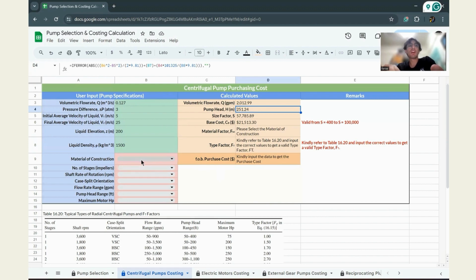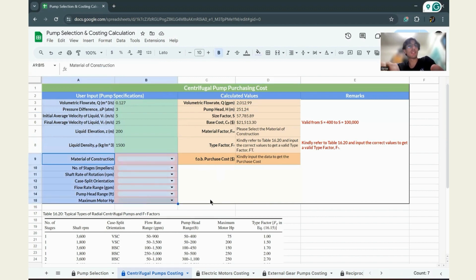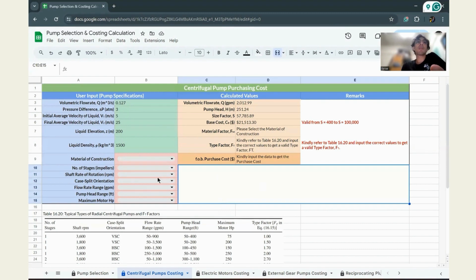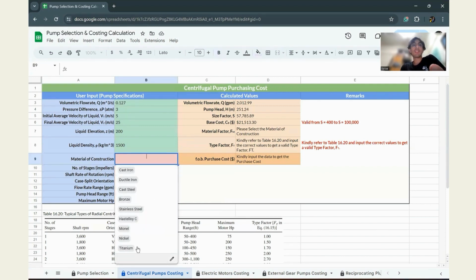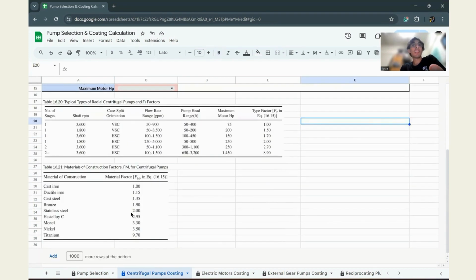So after this, you have additional criteria for the centrifugal pump. One of the most important factors is the material of construction. You have a wide range of materials from cast iron to titanium, and it will help you in calculating the material factor.